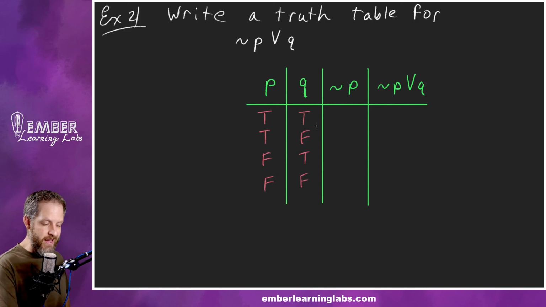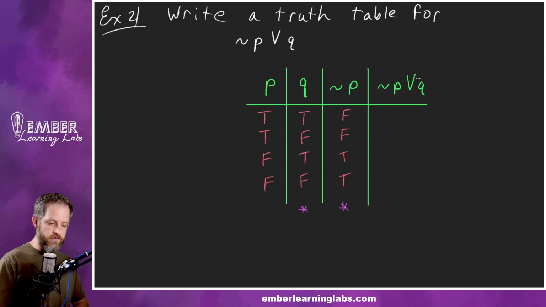For not P, all we have to do is negate or flip this column right here. So this would turn into false, false, true, true. We're just flipping the P's to do not P. Now to get this last one, we're going to compare this column with this column. And this is an OR, so it's going to be true if either this first column or this last column is true.